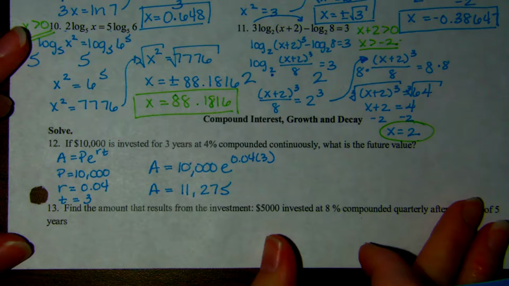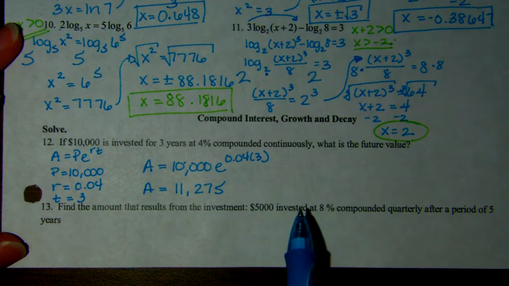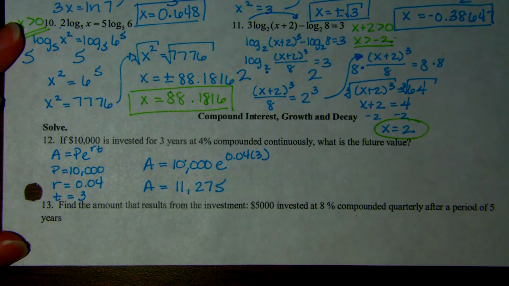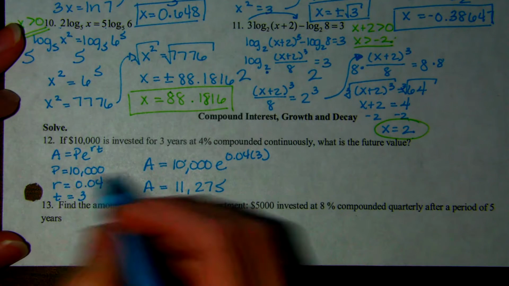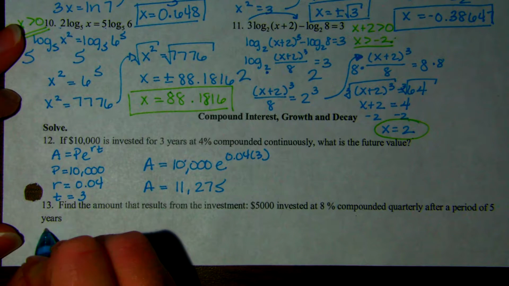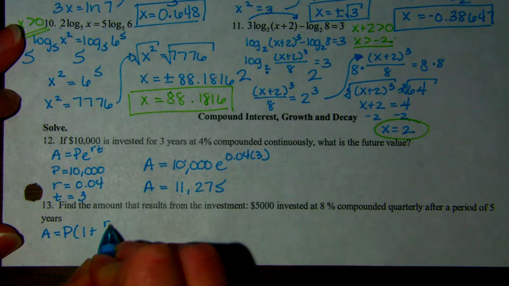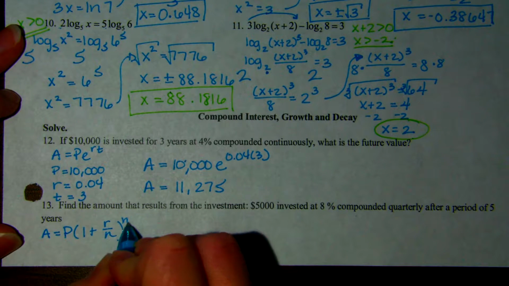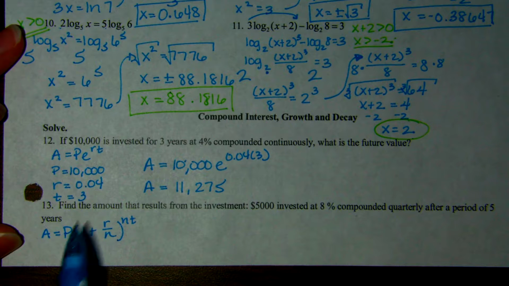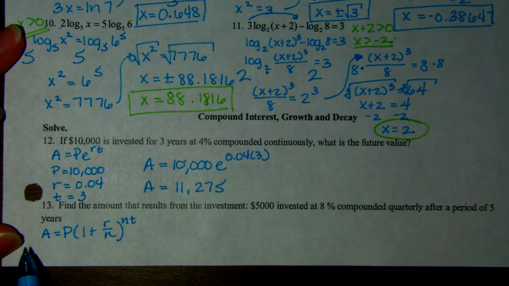Okay, and then number 13 is using compound interest but not continuously compounded. So the equation they're using is A equals P times (1 plus r over n) to the nt, where A is the final amount, P is the principal, r is the interest rate, n is the number of times it's compounded a year, and t is your time.